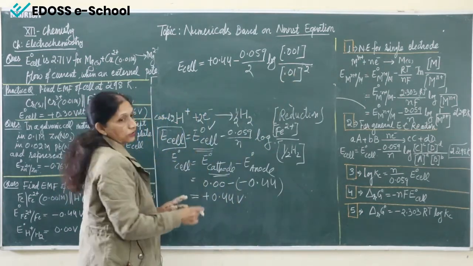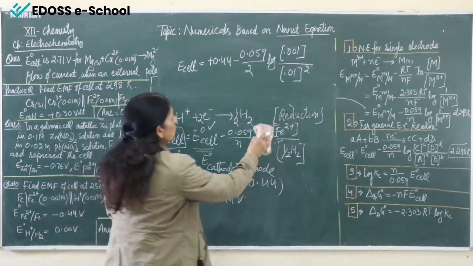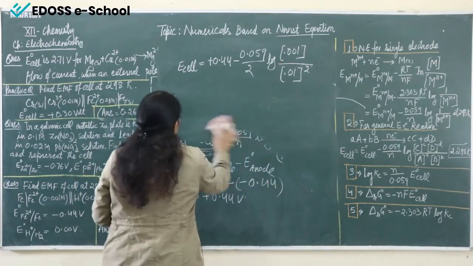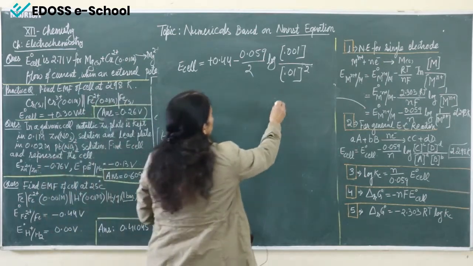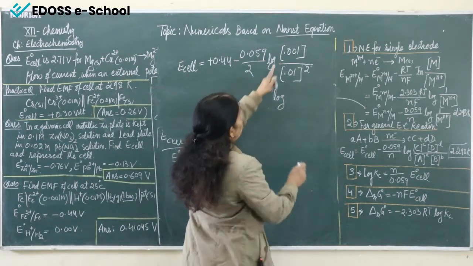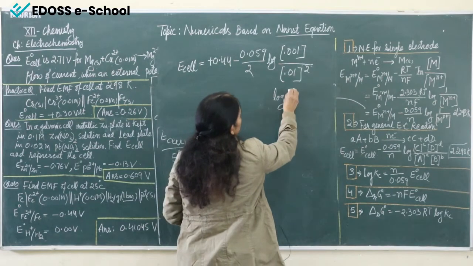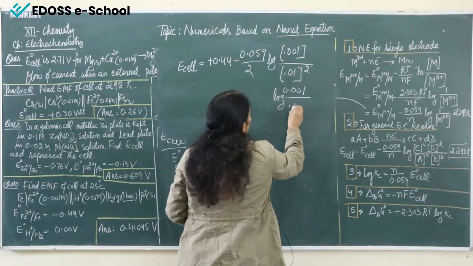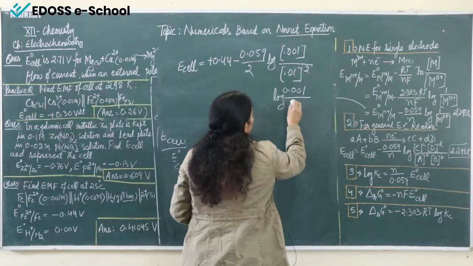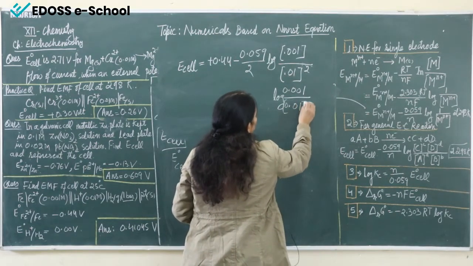Now calculate the log. So see how to calculate log. This is log of 0.001 upon 0.01 whole square.